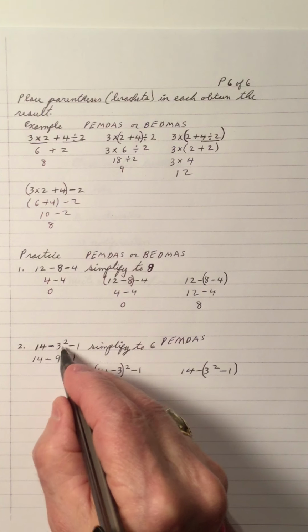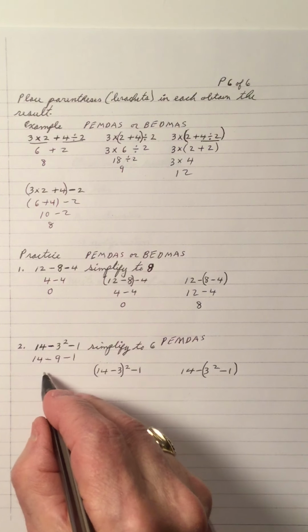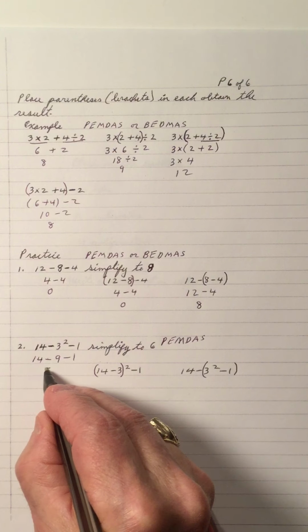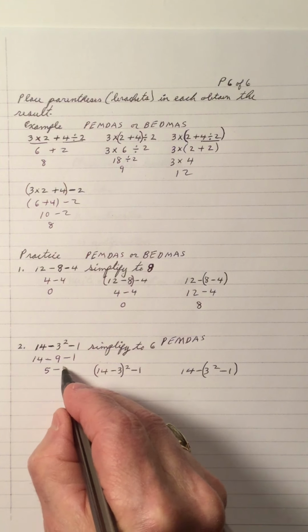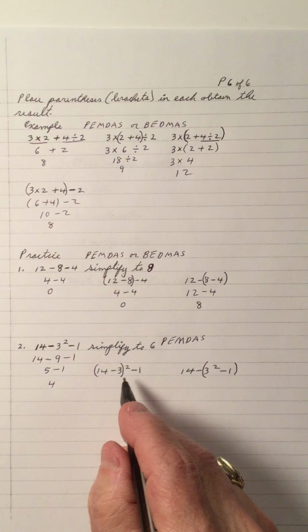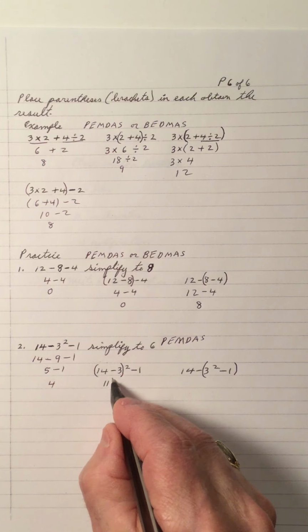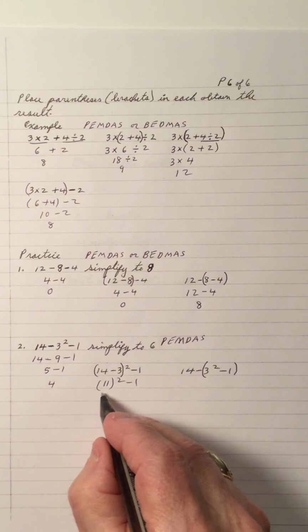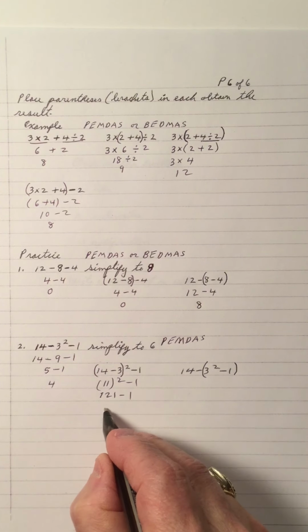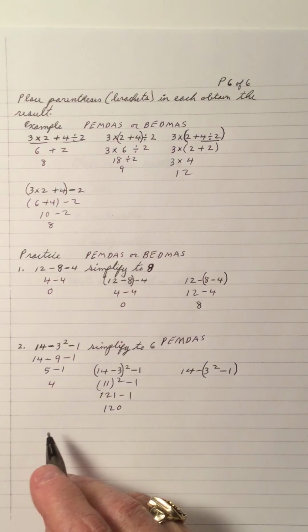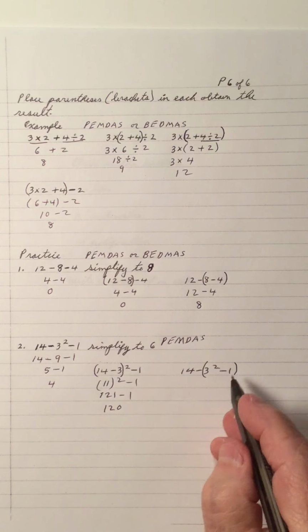Notice the negative is here. The 3 is being squared only. And 14 minus 9 is 5, minus 1 is 4. So if I put brackets in, I have to go with 11. Then I have to square to get 121 and subtract to get 120. So that's not the right bracket.